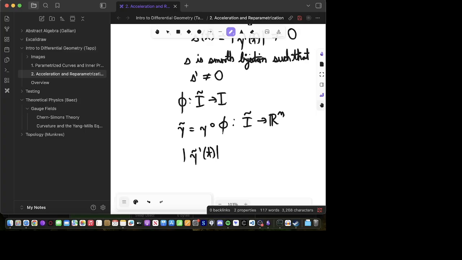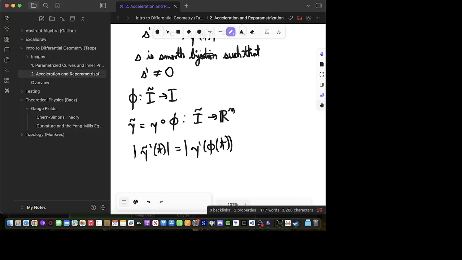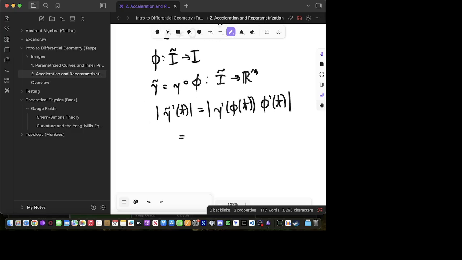By the chain rule, we have that this is equal to, remember outside function first, gamma prime of phi of t, times the derivative of the inner function, which is phi, so phi prime of t, and that is equal to, we can take this phi prime out of the absolute value.